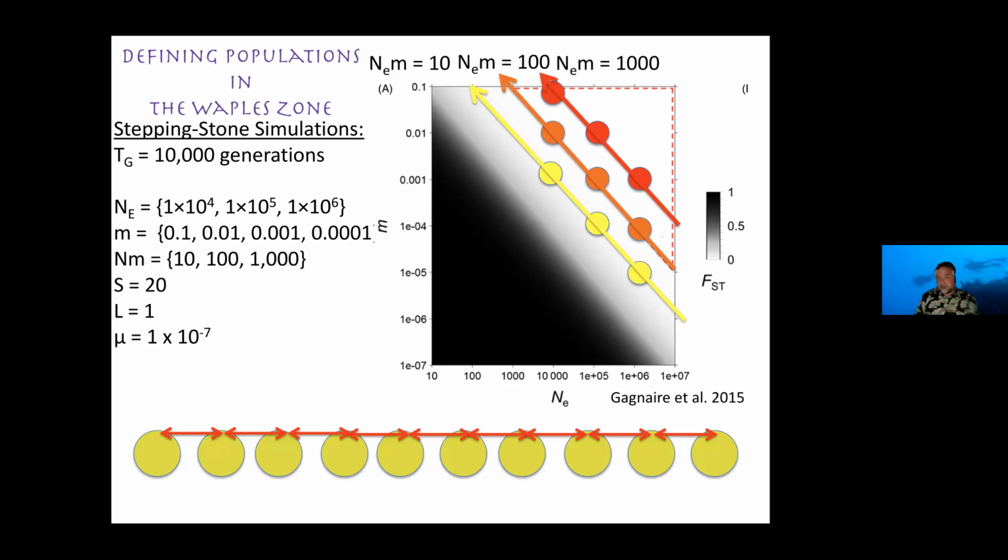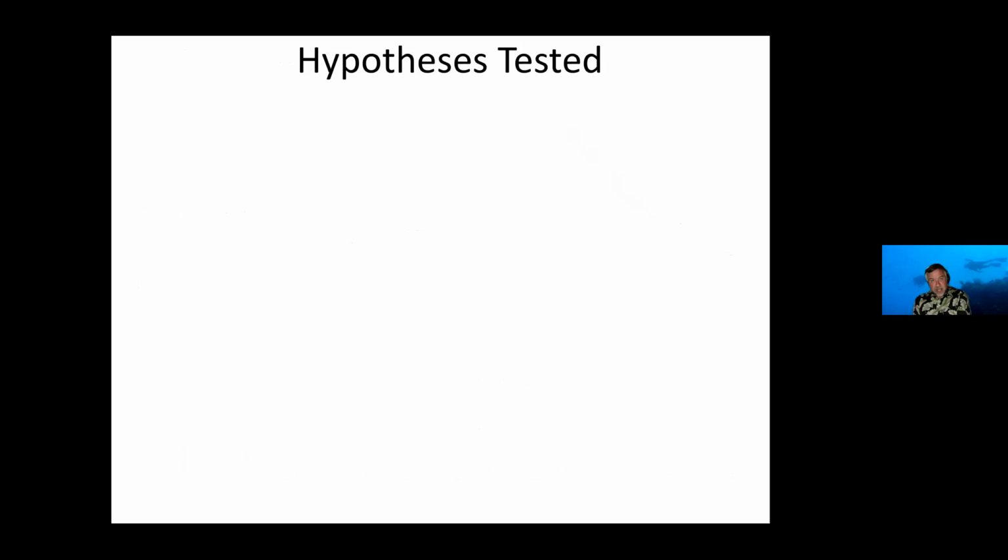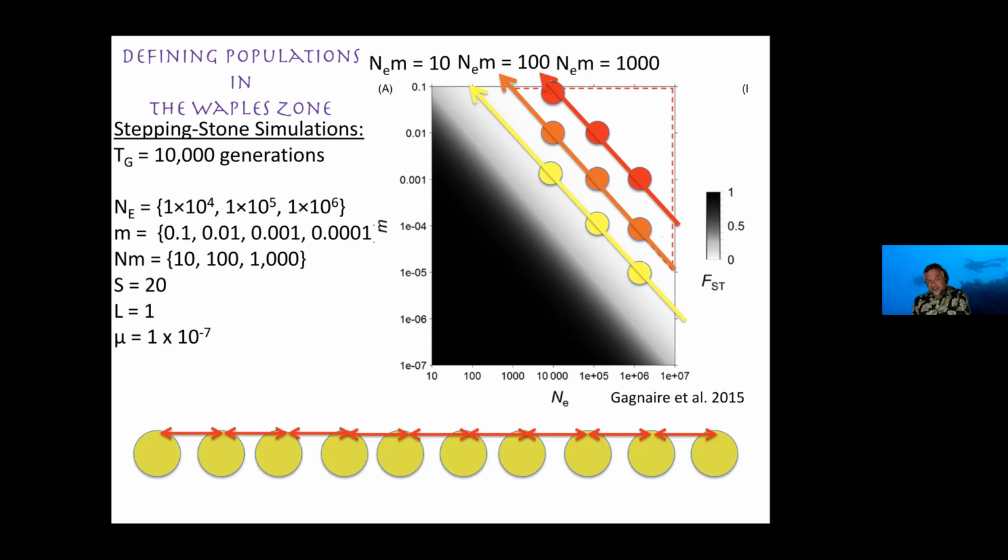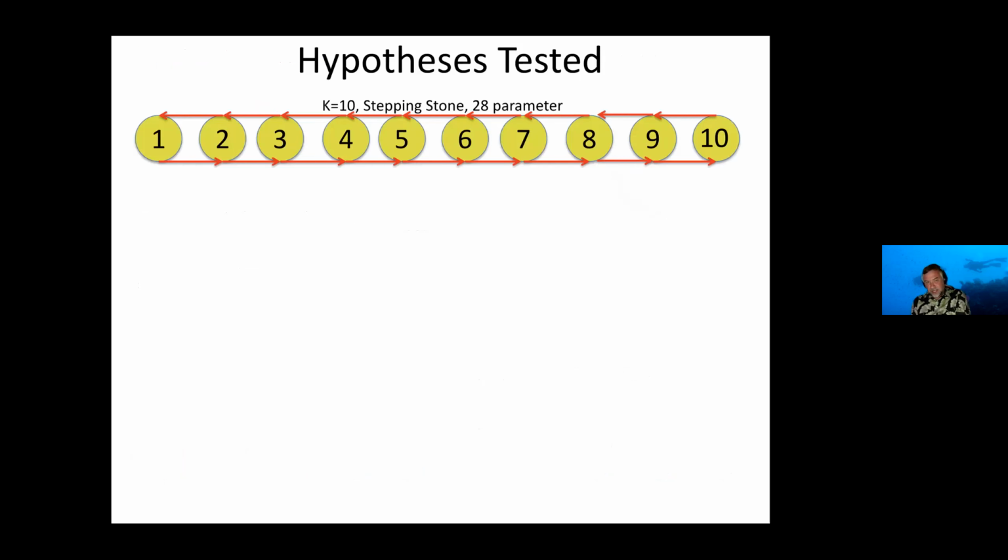So, simulating into the marine area, into the Whipple zone. And then I took a coalescent sampler that uses the method that I just discussed called Migrate. And Migrate also allows us to test hypotheses in a likelihood framework.